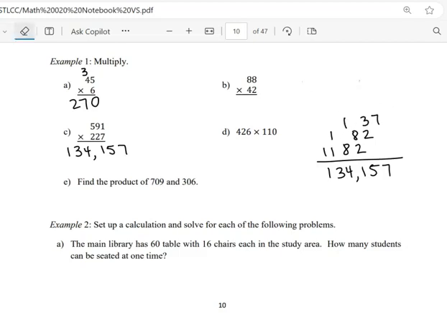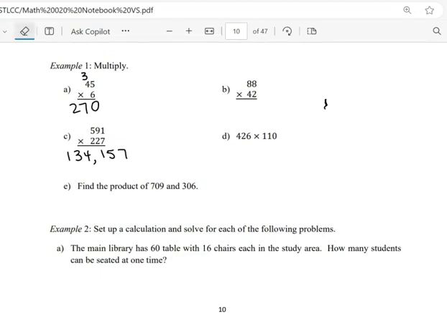So next problem is 426 times 110. So part D. Get rid of this. 426 times 110.